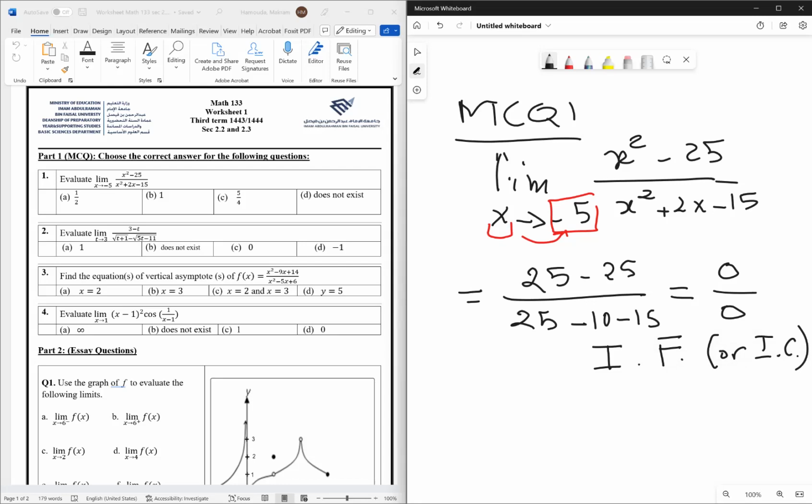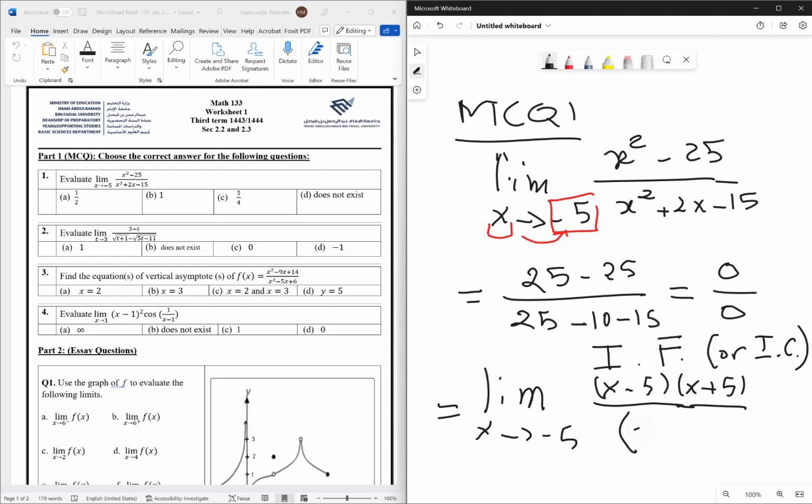So I continue the computation, and I will factor the function. The numerator is factored x minus 5 times x plus 5 because the numerator is of the form a squared minus b squared. And also in the denominator, I will factor this.